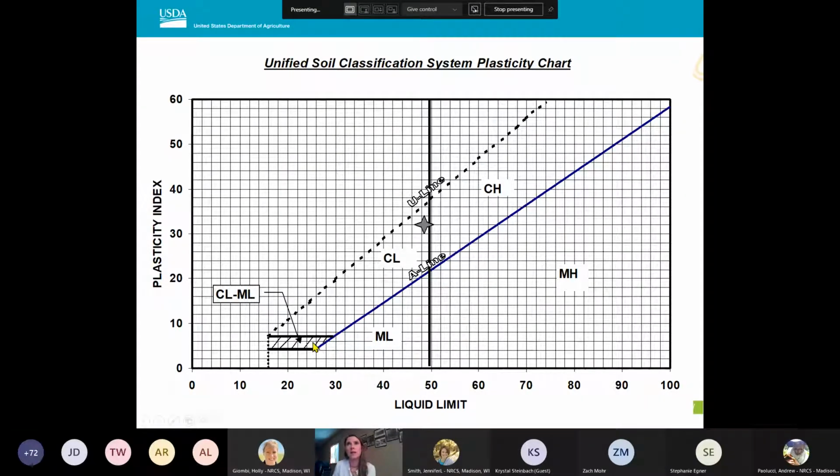You see CL and CH within there, demonstrating differences in the liquid limit and the plasticity index. Anything under that would be considered non-plastic soil. So there are differences in clay content and mineralogy, and nothing is plotted over that U line. If you see something like this, that's what it's trying to demonstrate. Next slide, please.